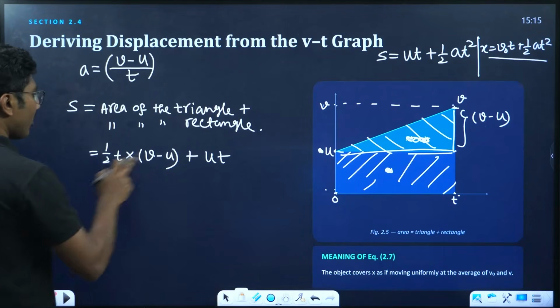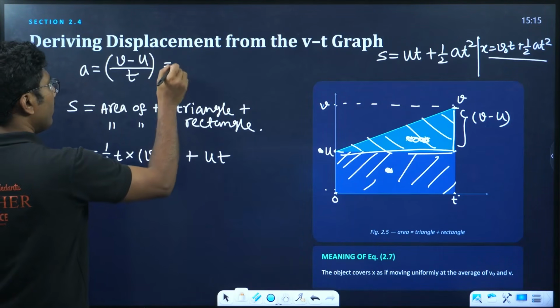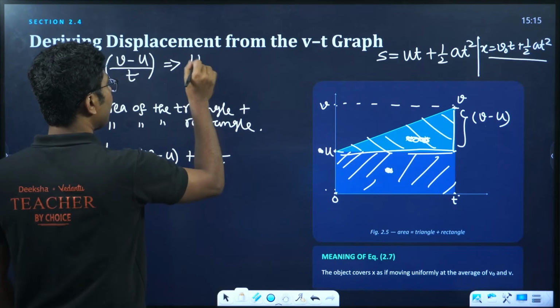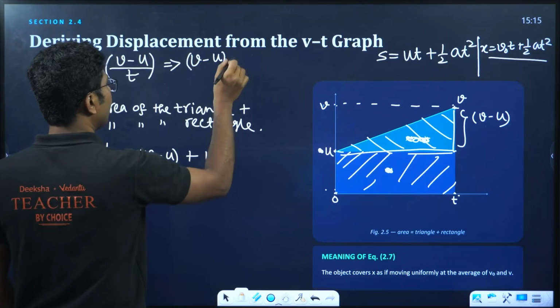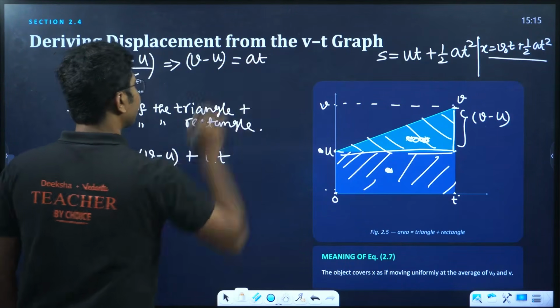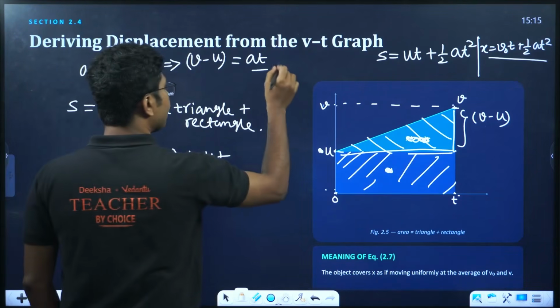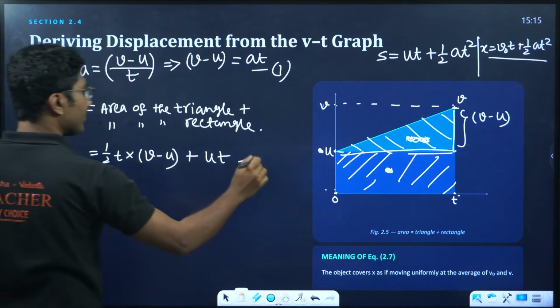Now from this equation we need to find the value of v minus u. So v minus u equals at. Okay, so just substitute that in this equation. Say this is equation 1, and this is equation 2.